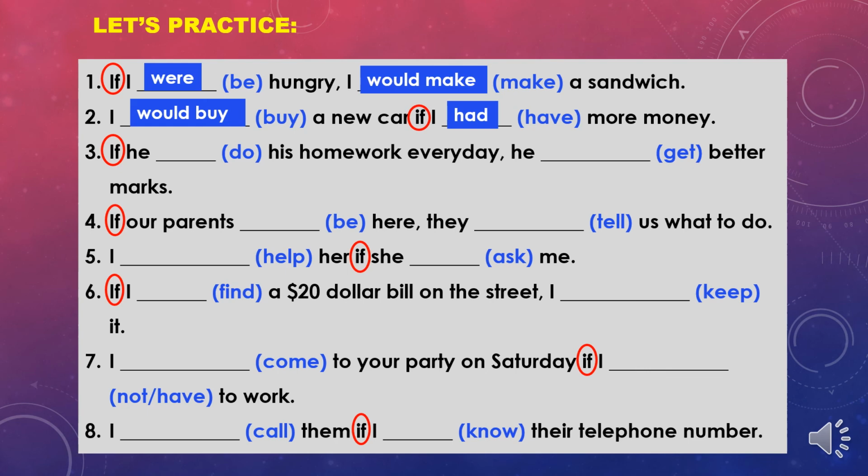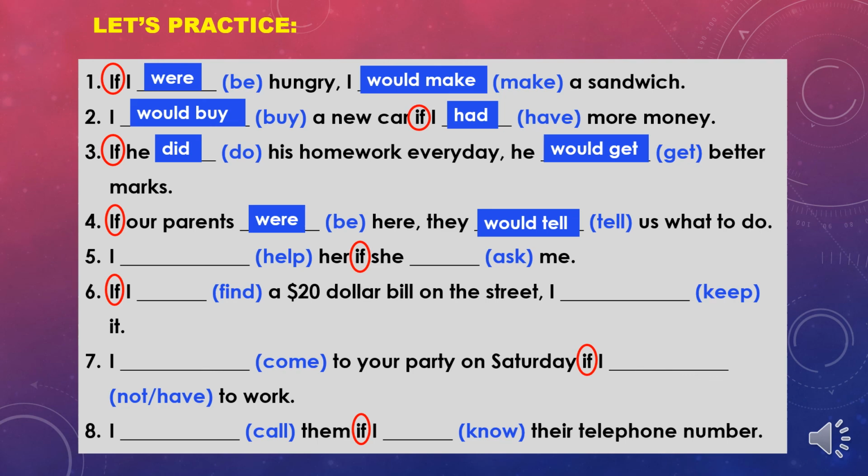Number 3, if he did his homework every day, he would get better marks. That's it. Number 3, si él hiciera su tarea todos los días, obtuviera mejores notas. Number 4, if our parents were here, they would tell us what to do. Correct.